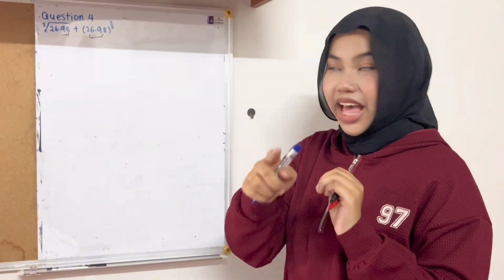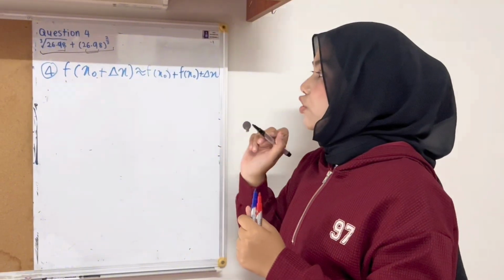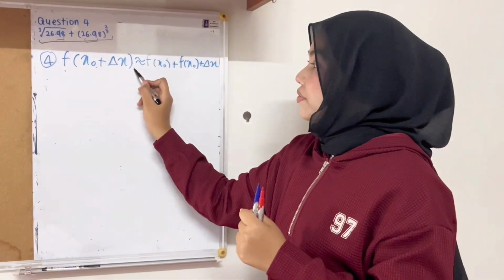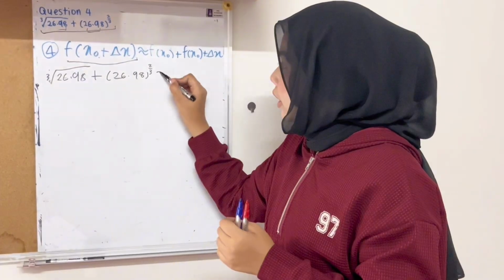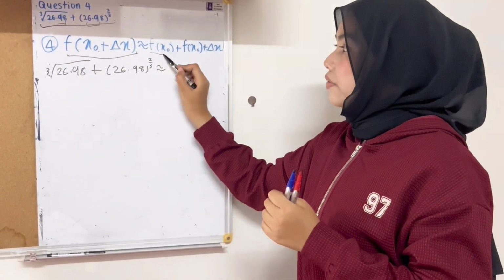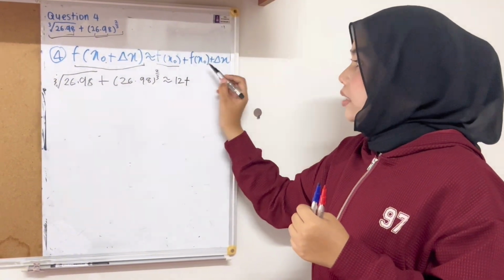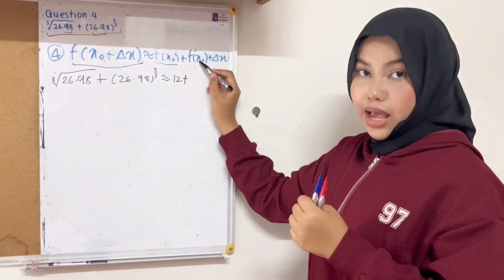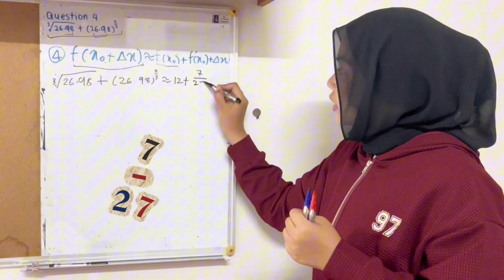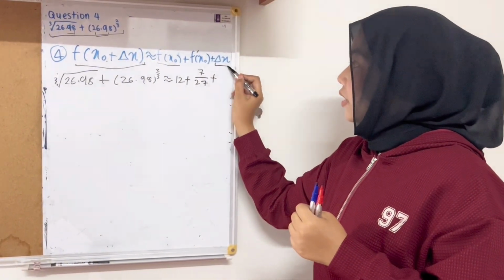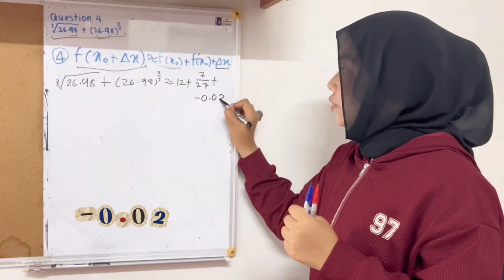Our last step is step 4. Use the formula given. To use this formula, first you have to put in your values. So our f(x naught) is 12 plus our f prime x naught, 7/27, times our delta x, which is minus 0.02.